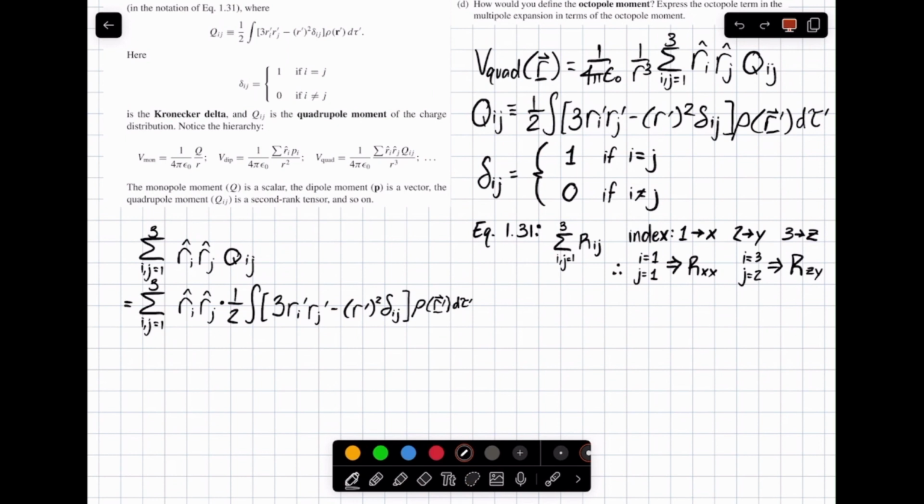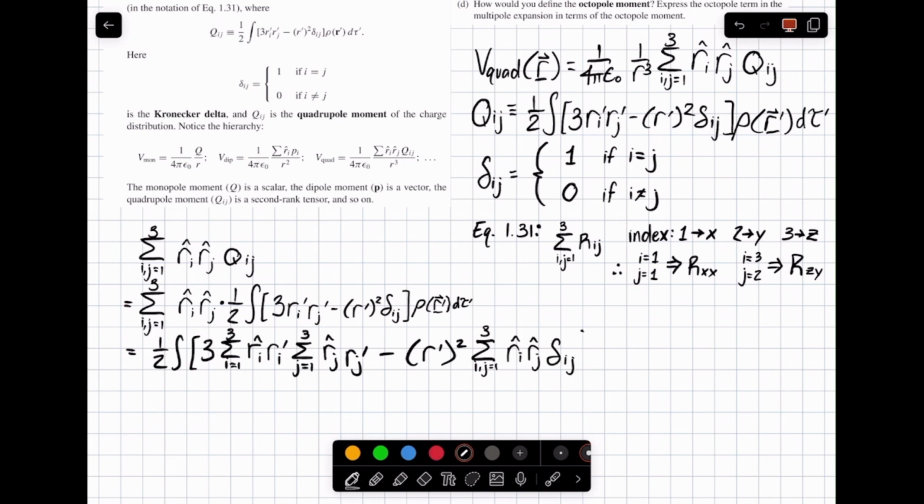To continue evaluating this equation, I'm going to split up the summation up front. I'm also going to shorthand this rho, just so I'm not having to write a vector quantity every line while solving this problem. But every time I write rho here, I am referring to this value.